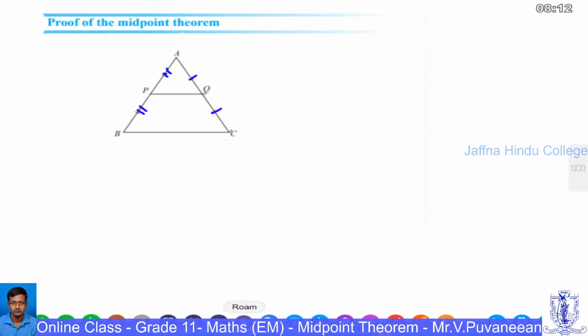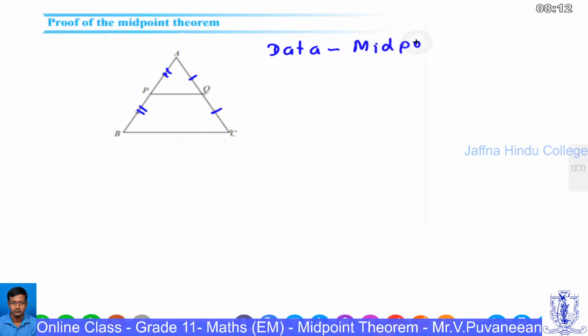Data means the information given in the figure, in the theorem. Look at the figure: the midpoints of AB and AC of the triangle are P and Q.